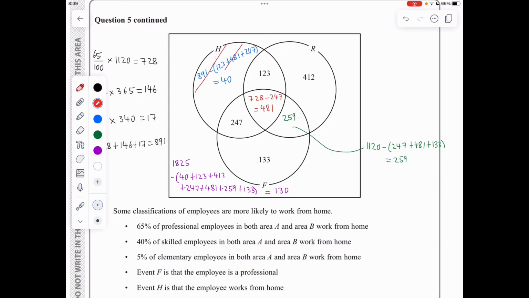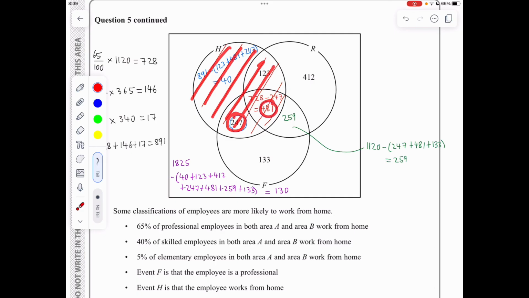So we know for sure we are in H. And we are wondering what's the probability we are also in F. So if we are also in F, it means we are here or here. So I will simply be doing 247 plus 481 over the shaded part here, which is the 40 plus 123 plus 481 plus 247.